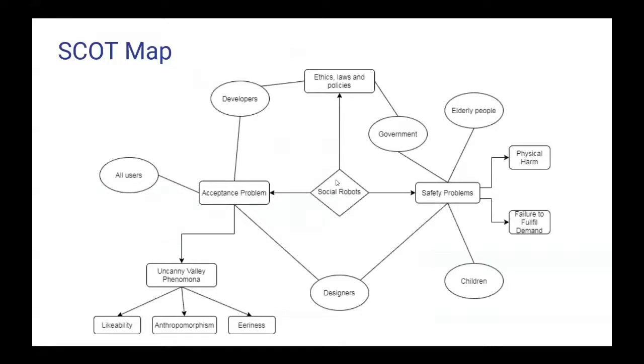And in conclusion, as you can see from our SCOT map, we put the social robots as the center of our map, and we introduce our problems related to this artifact, with the relation to the social groups, such as developers and governments with the ethics, law and policies, and elderly people and children for the safety problems, and the designers to design those robots with the problem of the acceptance and safety.